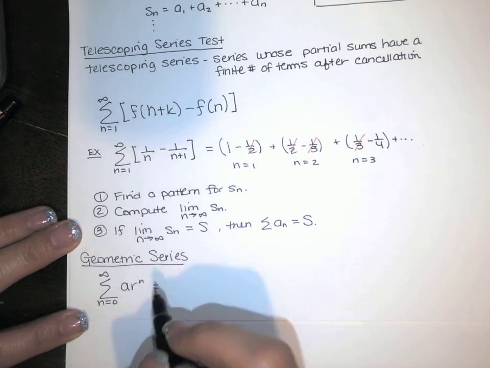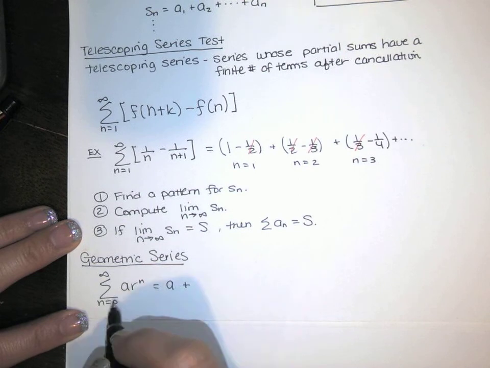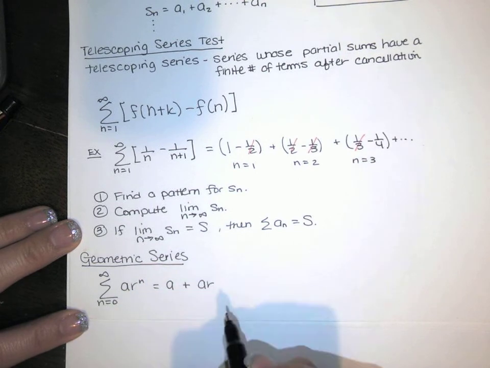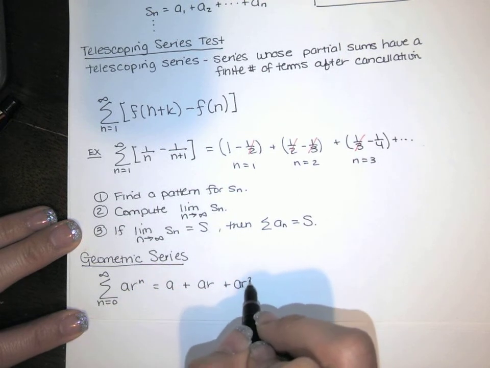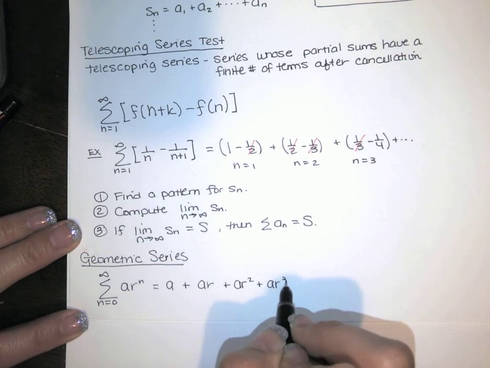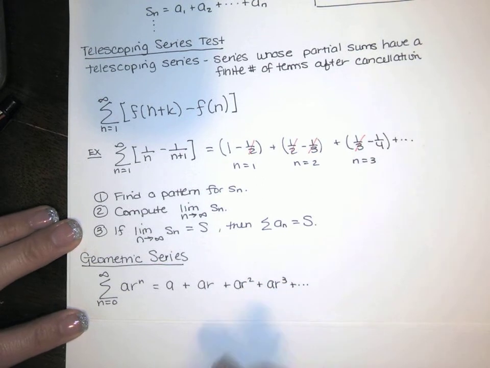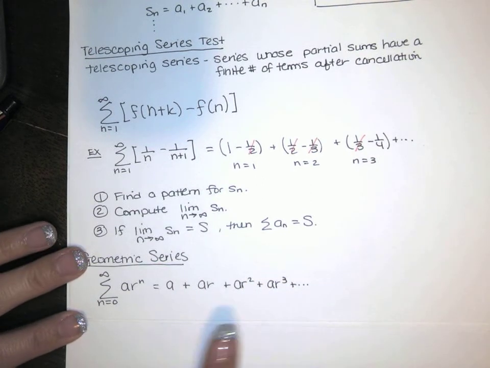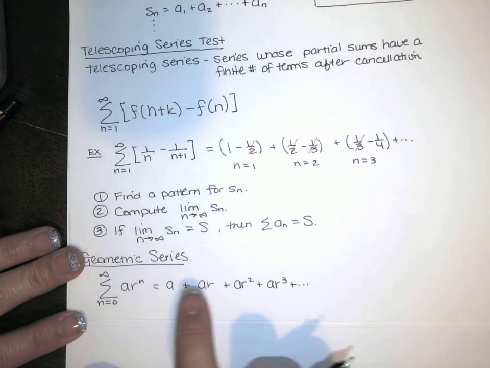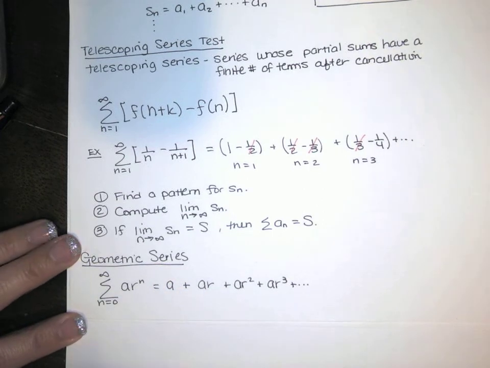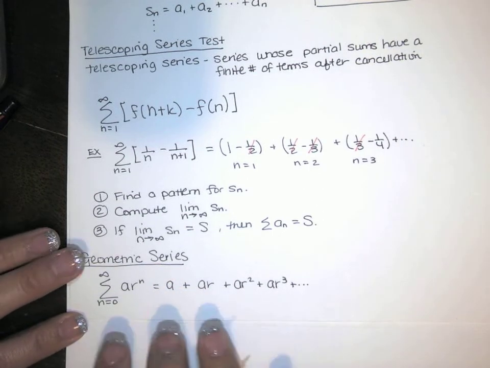R to the 0 is 1, so that's just a. Then to get to the next term, you multiply by r, and to get to the next term, you multiply by r again, and that's how that works. Any series that behaves like this, where you start with a number, and to get from term to term, you multiply by the same number, that's geometric.